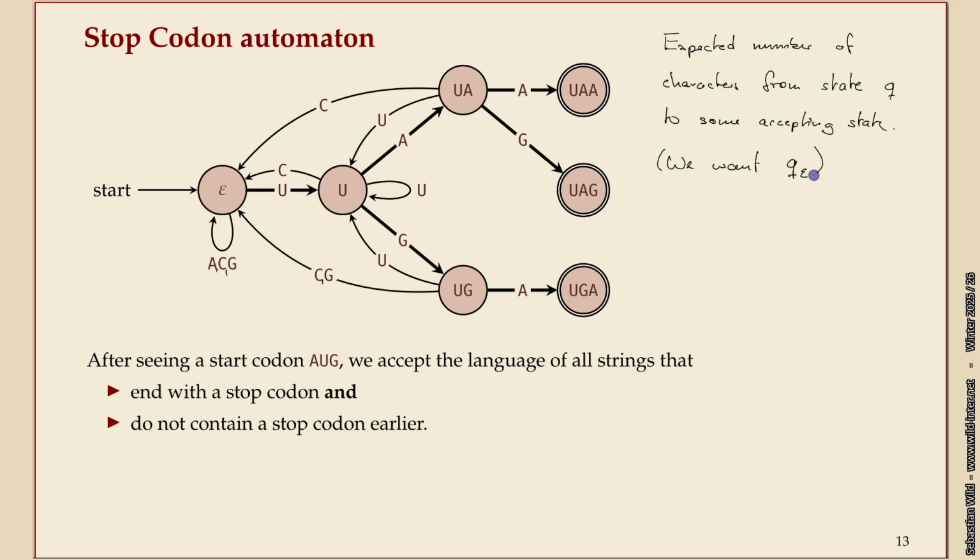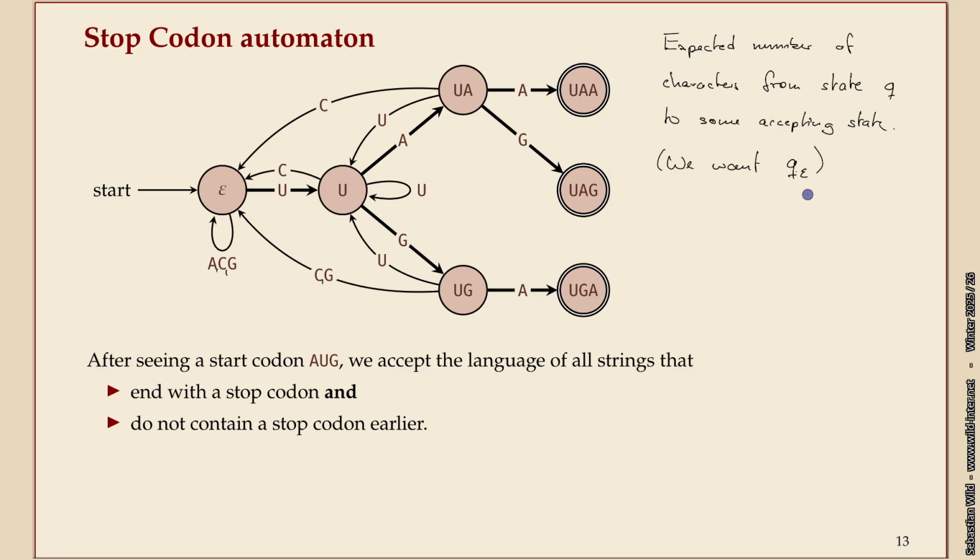I'm just going to, maybe I should have called them Q subscript, but that's less readable. I want to make clear here that I'm talking about the state and not just the string epsilon. We want this for Q epsilon, but we'll do it for all of them. For some of them, that's really easy.